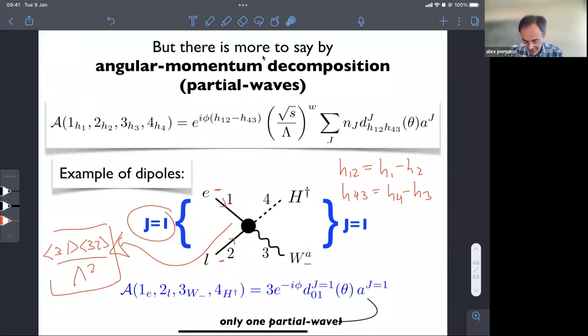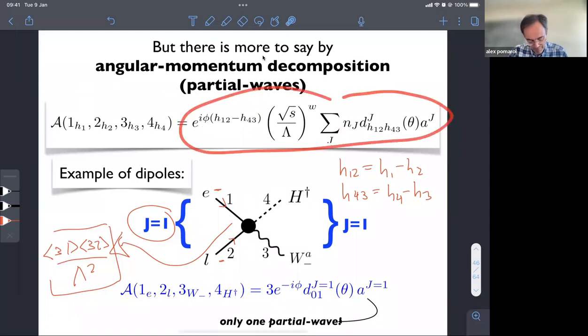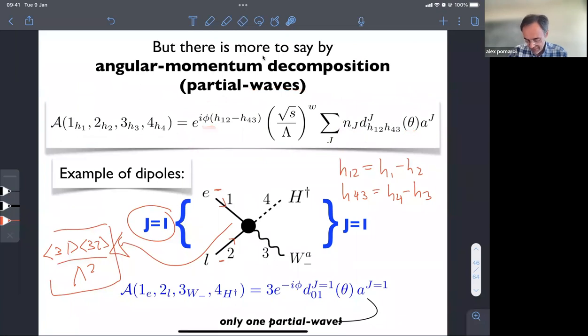It could be that there are different expansions, but I think this is the usual one. So helicity can only come in because of the dependence on the angle. These are the decomposition of the amplitude in the scattering angle and the azimuthal angle, and the helicity enters in this function here.